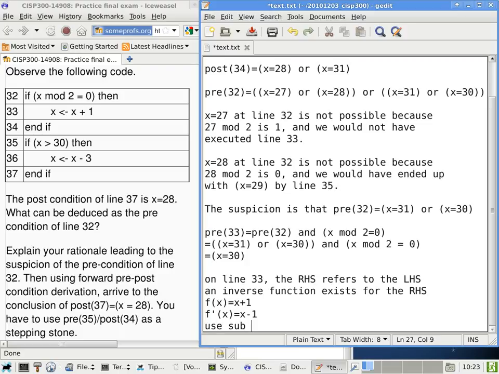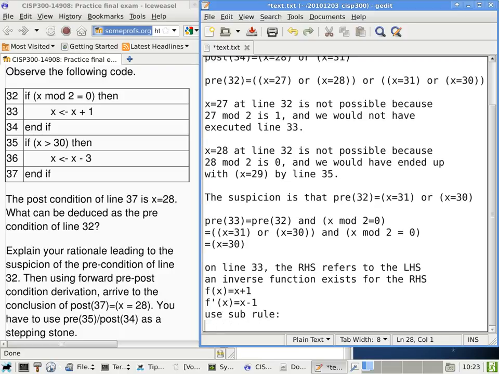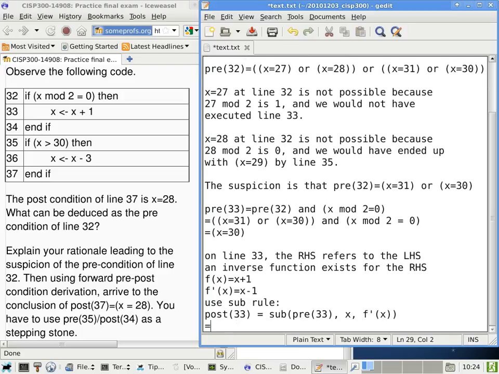So we use the substitution rule, which means post 33 is the result of the substitution operation. We use pre-33 to begin with. We substitute all occurrences of x with the inverse function applied to x.